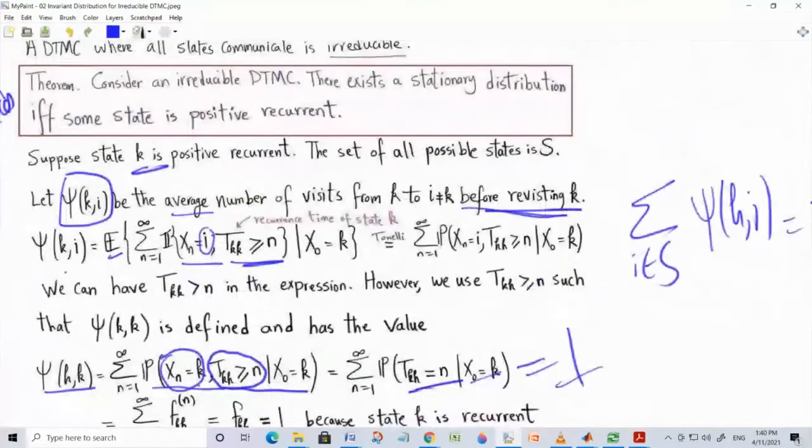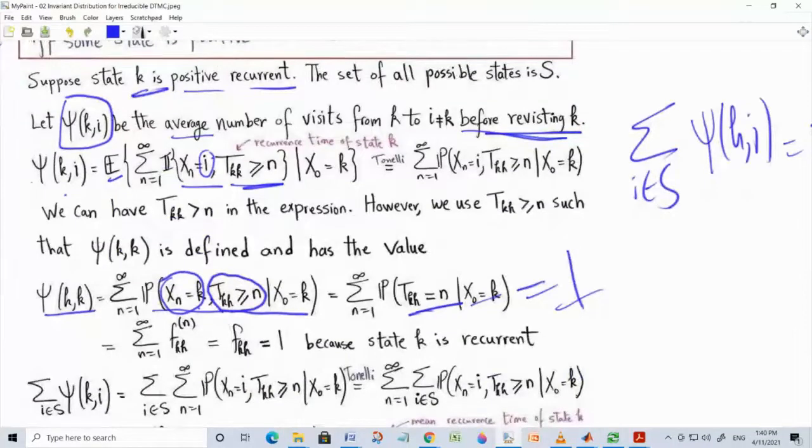Okay, so we have state k, it is a positive recurrent state, and so we define epsilon ki like this, and this quantity has a meaning. It is the average number of visits to state i starting from state k and before revisiting state k. Now, if you put i equals k, it is exactly equal to 1, because we are talking about recurrent state k.